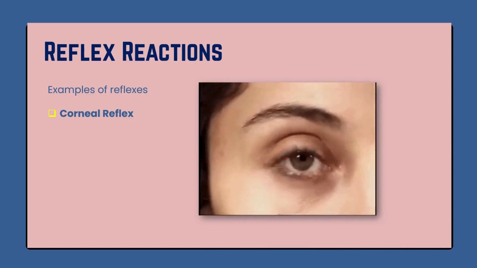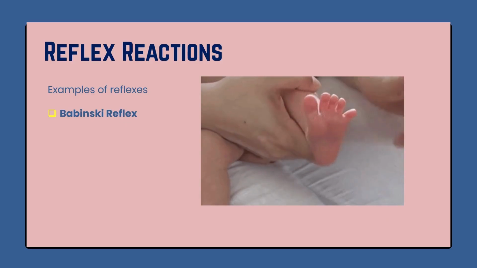Next we have Babinski reflex. If you have seen babies, just try this out. This is a reflex that is considered normal in infants. When you stroke the sole of their feet, it causes the big toe to extend upward, and the other toes fan out or spread out.